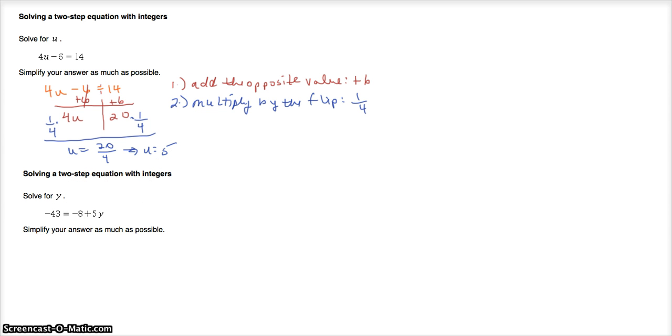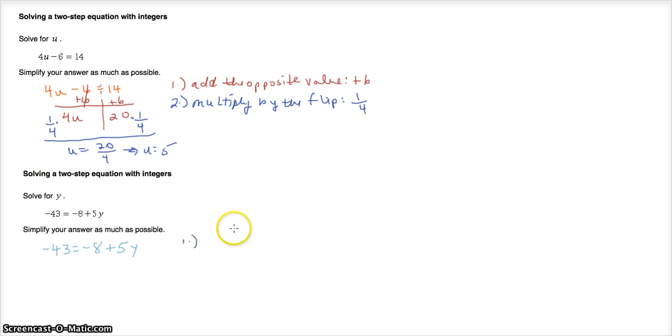Negative 43 equals negative 8 plus 5y. Alright, so again, we're going to start with the first step here.